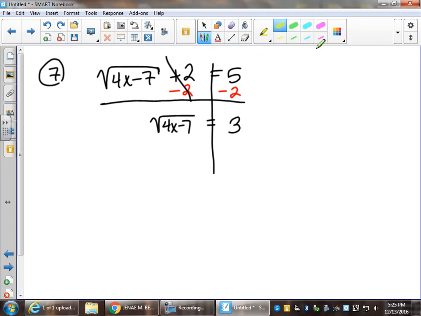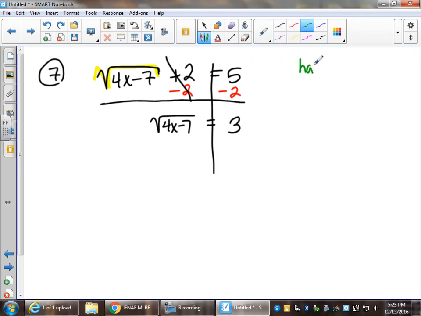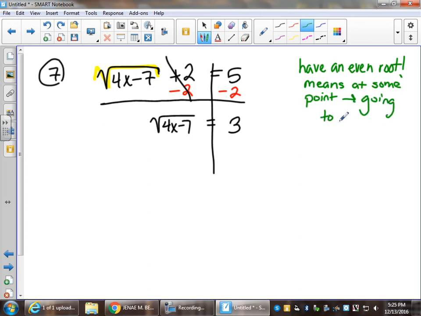As soon as you wrote this down, I want you to notice that you have a square root here. Have an even root means at some point going to raise both sides to an even power.